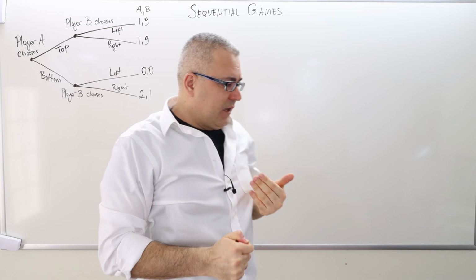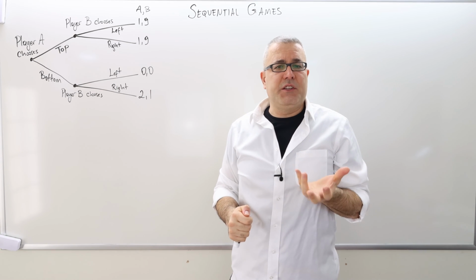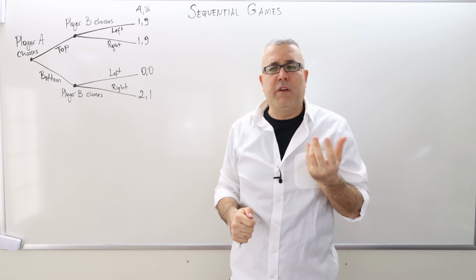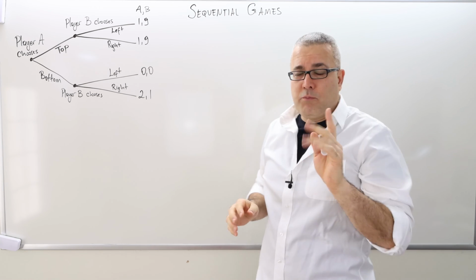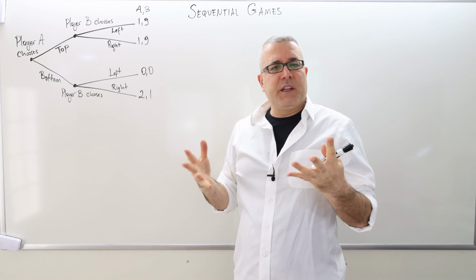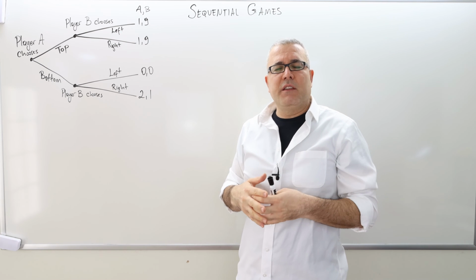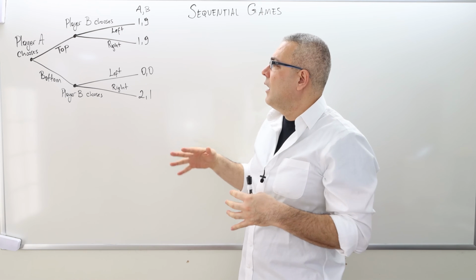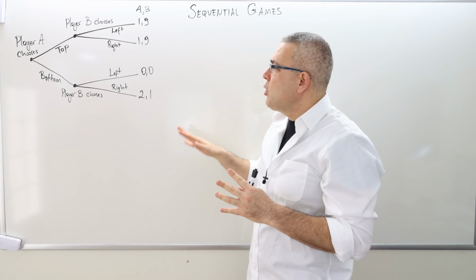Well, the question is, what is the optimal strategy in this game? How do we solve it? By the way, there are some implicit assumptions that I think I should mention at least once. Both player A and B know the game.